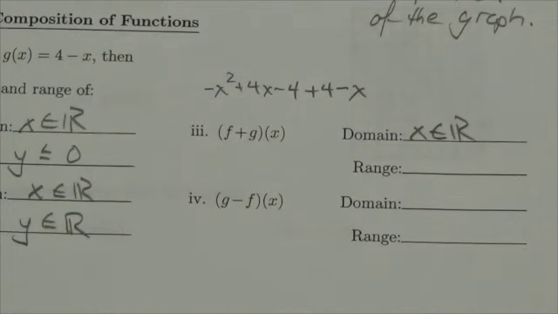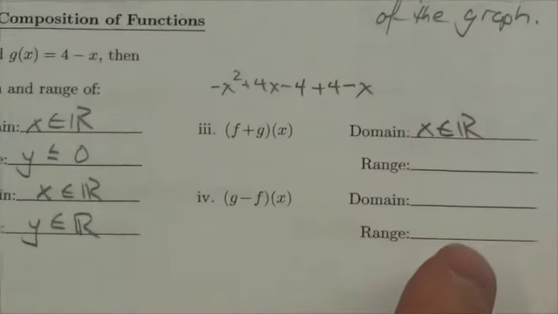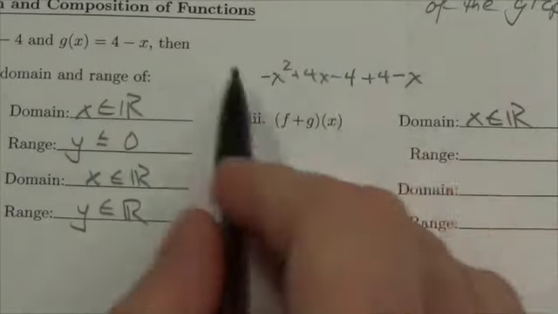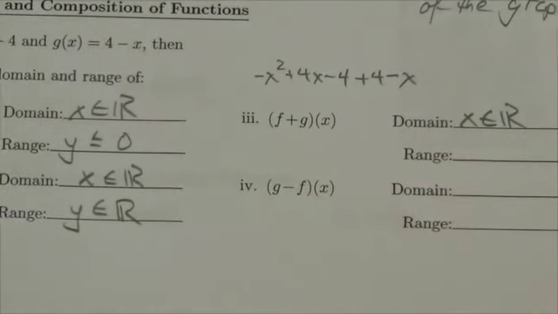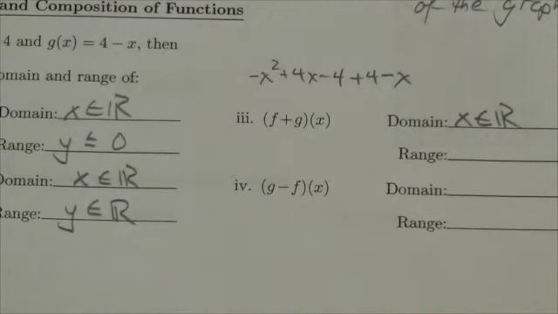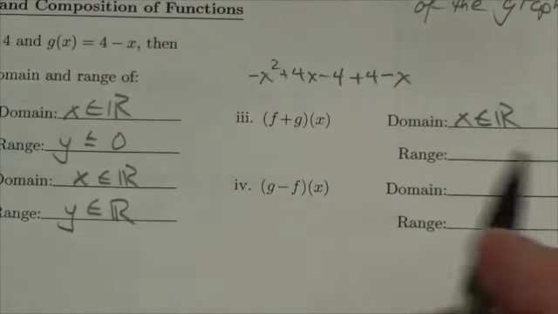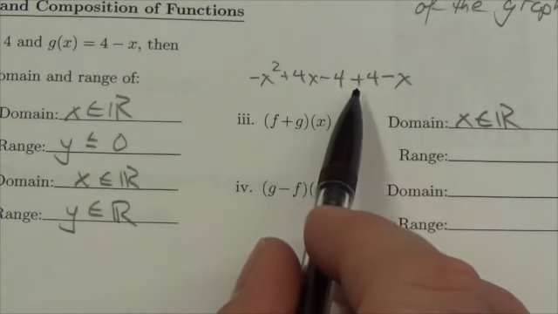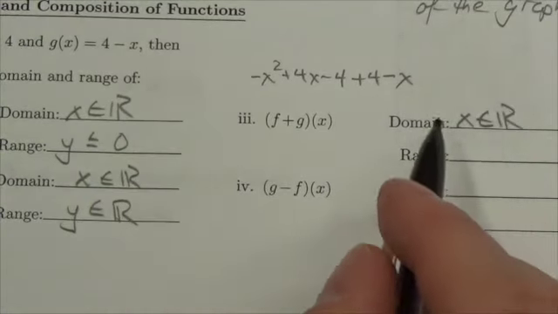Now, what will the range be? Well, that's a little bit harder to get our heads wrapped around here. Maybe what we need to do is do this work and combine those together. I kind of already have it in my head, but let's walk this through. Negative x squared plus 4x minus 4 plus 4 minus x.